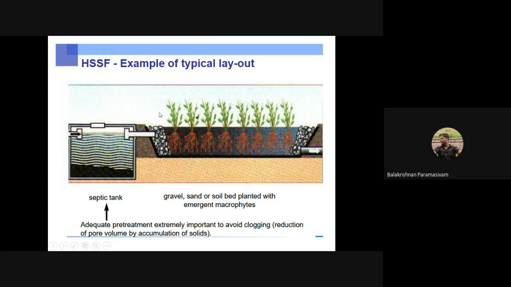Sometimes if clogging happens, we need to regenerate it. Or if suspended solids settle on top of the soil, they will be taken up by the plants. That suspended or degradable matter will be taken as manure and promote plant growth.